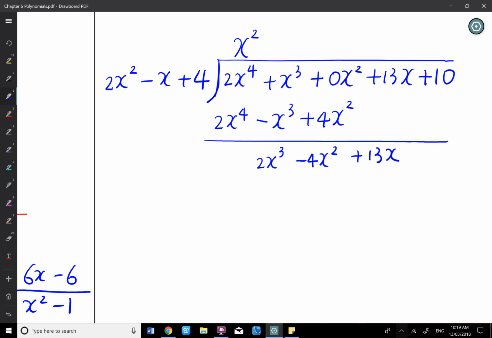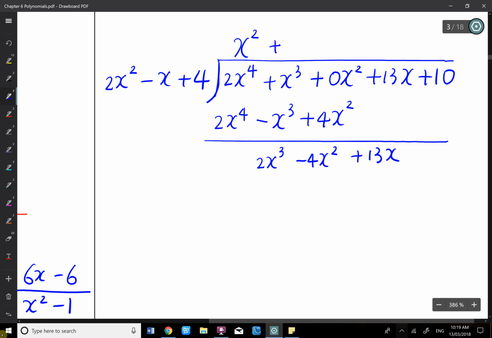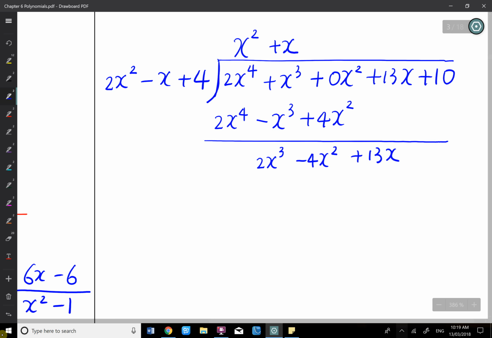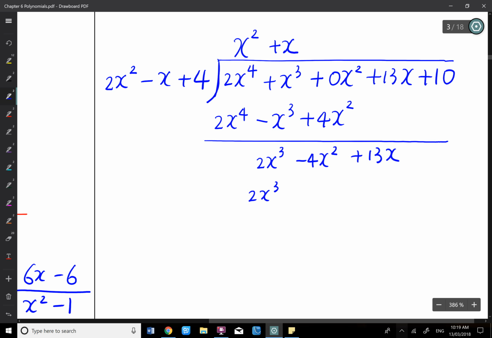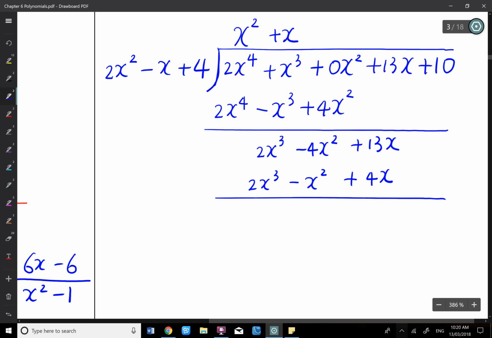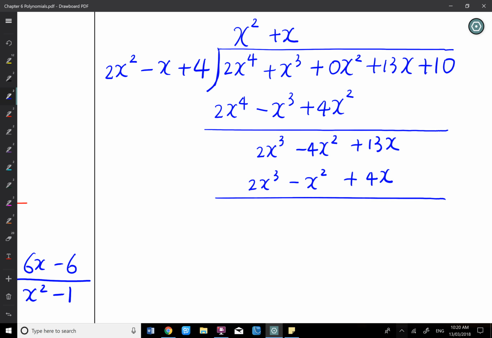Well, 2x cubed divided by 2x squared, we have a plus x. Then we have 2x cubed minus x squared and plus 4x. Alright, how many x squared will I have?